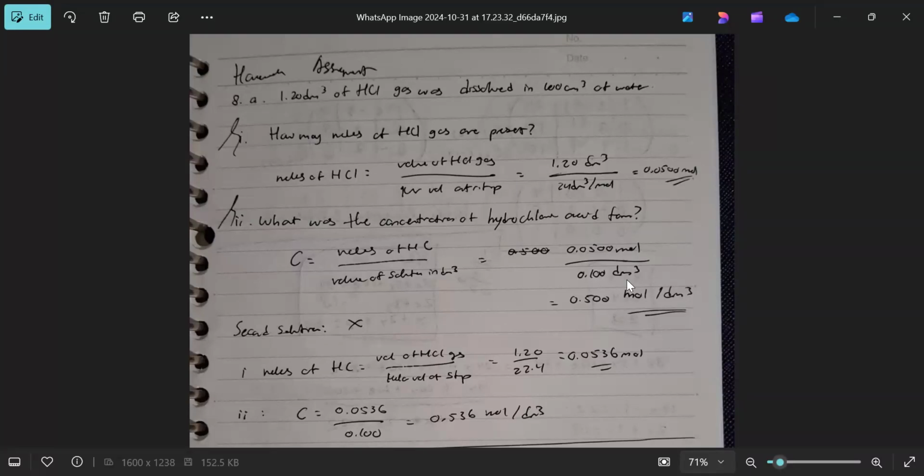It's more common to use RTP, though STP is not completely wrong. It's also correct, but it's more standardized to use room temperature. I think that's all, but all of you did well. It's pretty much the same as the one that I did right here.